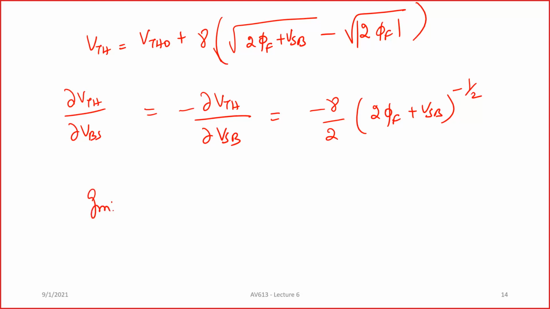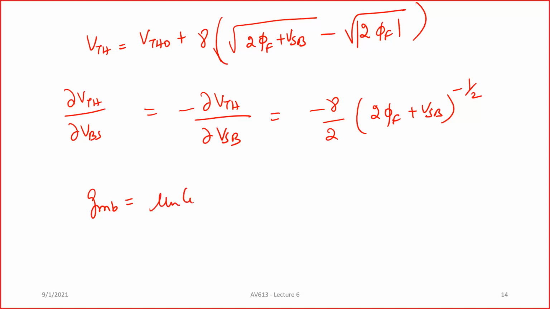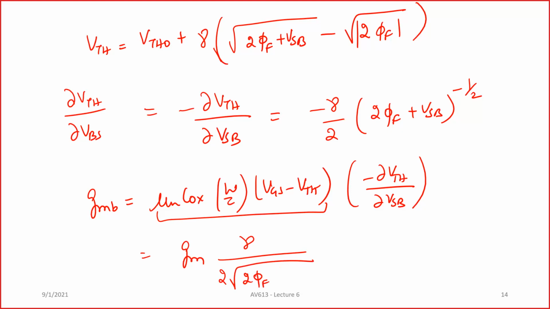GMB is nothing but mu n Cox W over L, VGS minus VTH, into minus dou VTH by dou VSB. Now, what is this term? This term is nothing but GM. So GM into minus of this one, and therefore you get GM into gamma divided by 2 root of 2 phi f plus VSB.